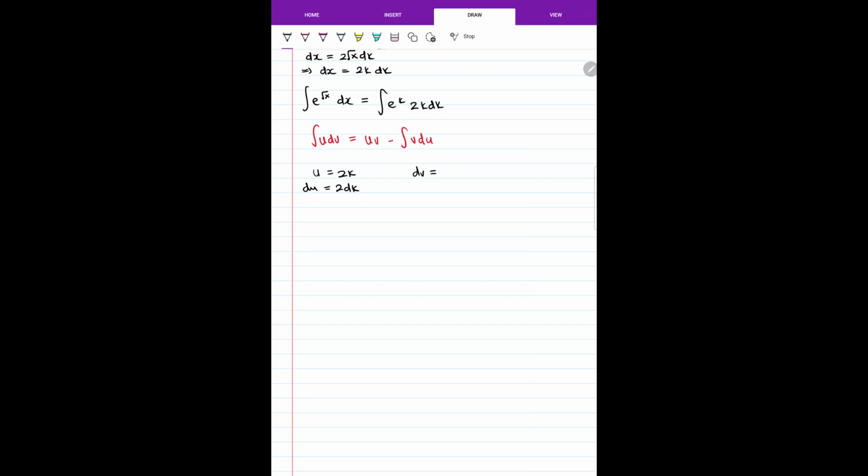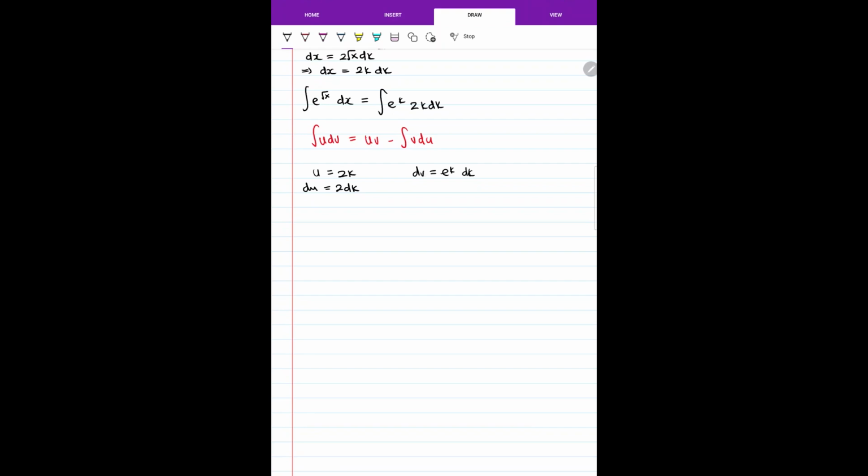Now, because we chose u as 2k, the rest of the integral, which is this and this, is going to be dv. So dv is e to the k dk. Now we are almost ready. The last thing we need to find is v. How would we find v?